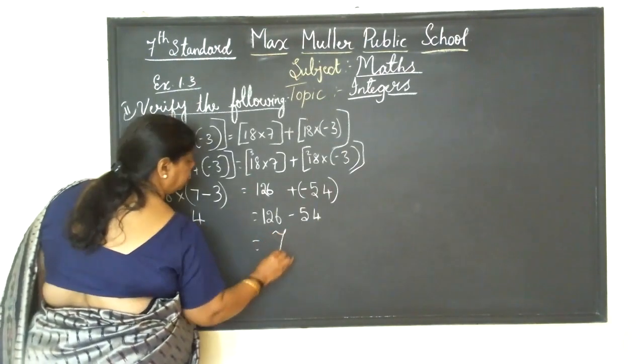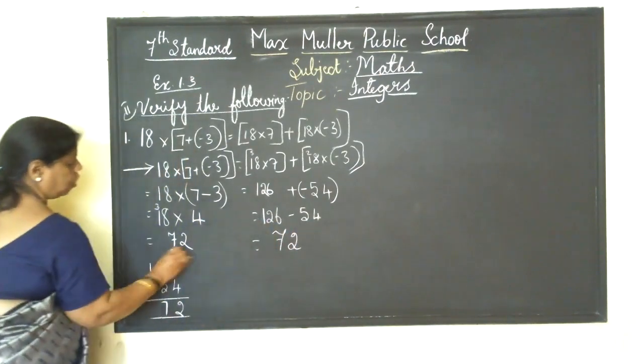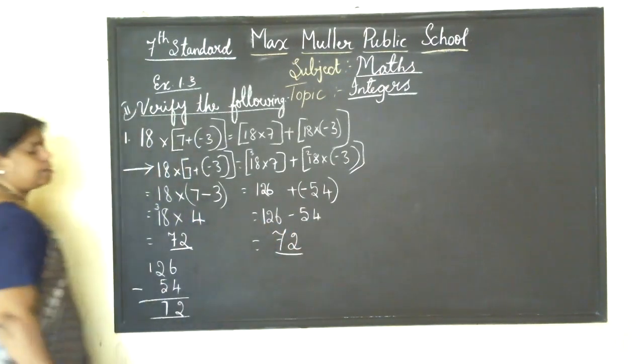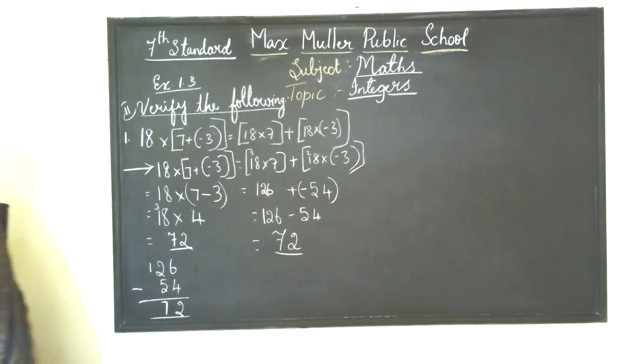So 72. So you got equal answers. Isn't it, children?